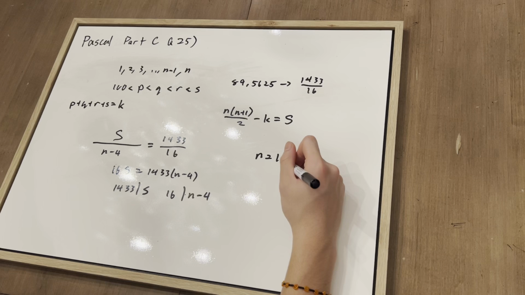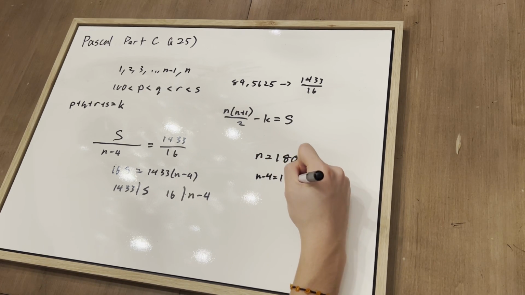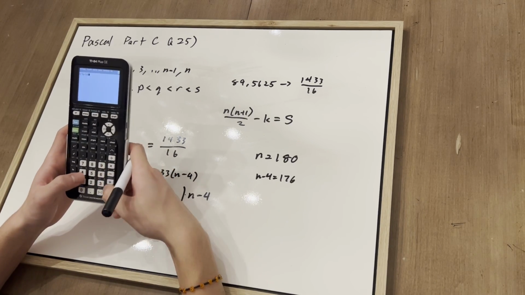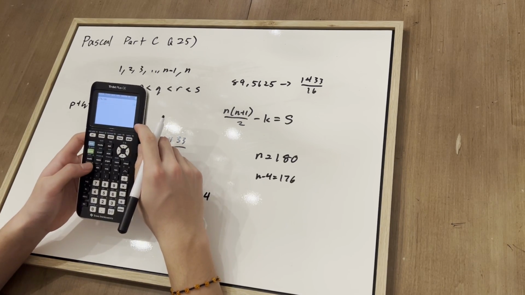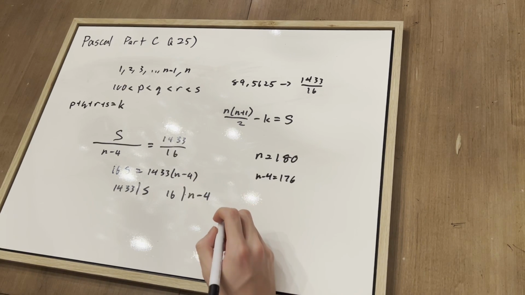If we take 4 away from this, we get n minus 4 equals 176. Putting this into our calculator, 176 divided by 16, we get that n minus 4 is indeed divisible by 16. So this checks out.